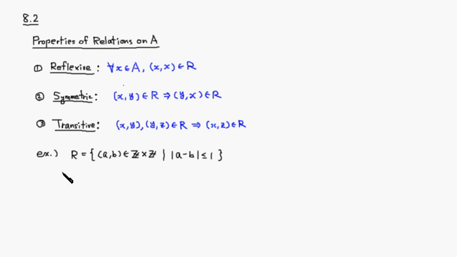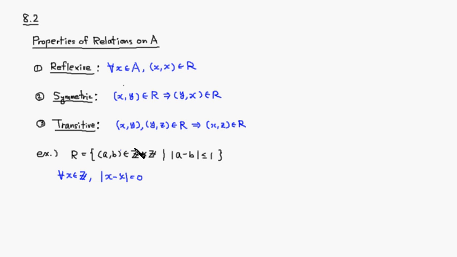You can see that for all X in Z, so we take any integer X, the absolute difference with itself is always equal to 0.